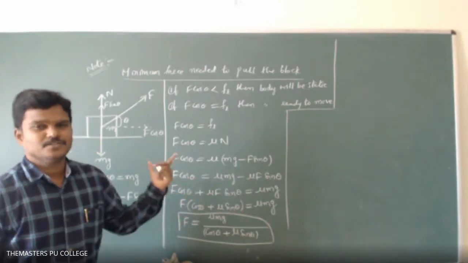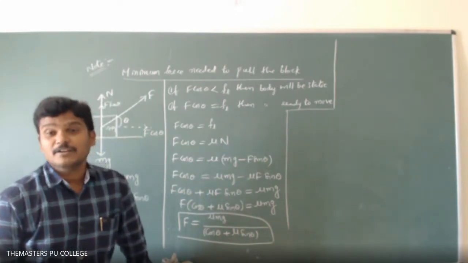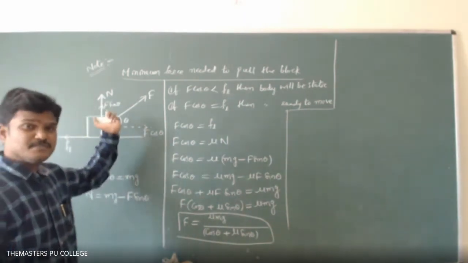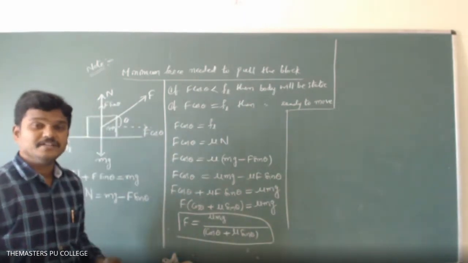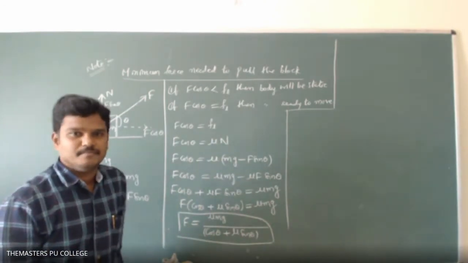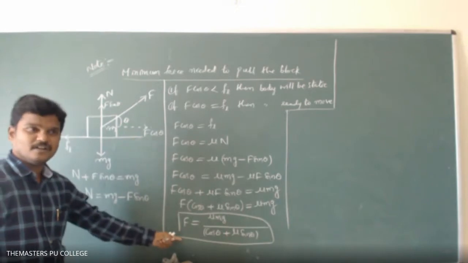Suppose in a problem the angle of friction is given, they are not given this theta value, and they are asking to find the minimum amount of force. If they give theta, we can use this formula.